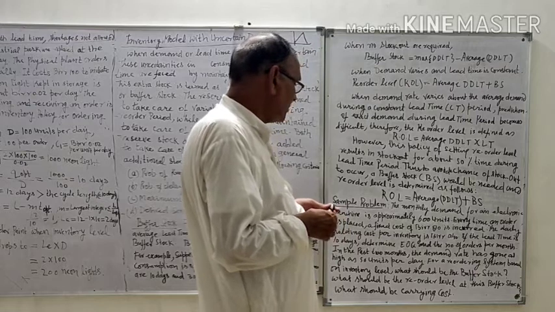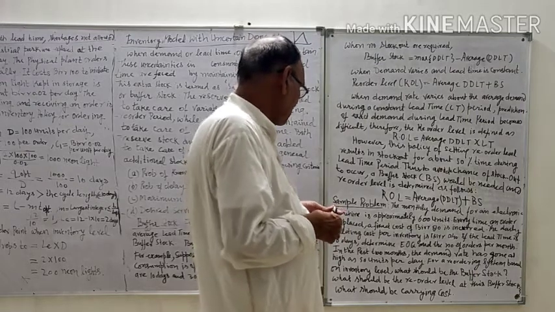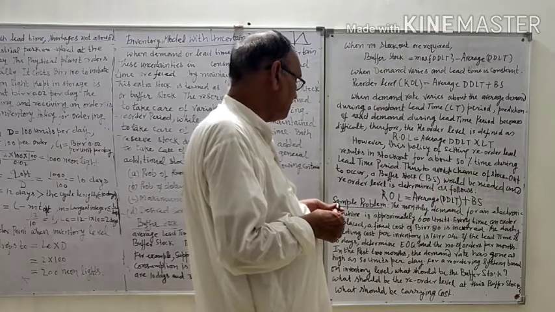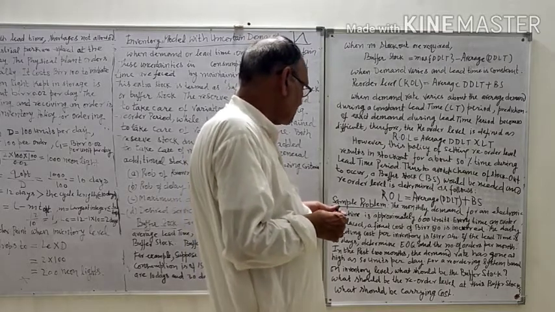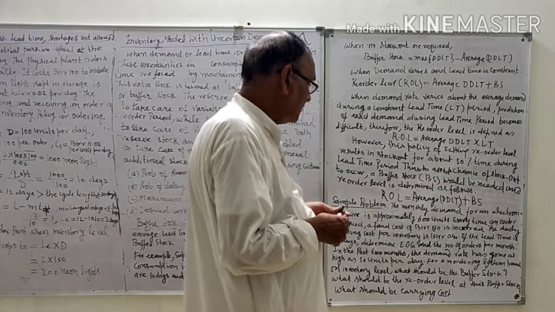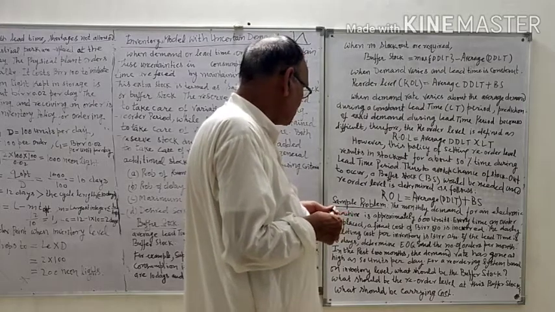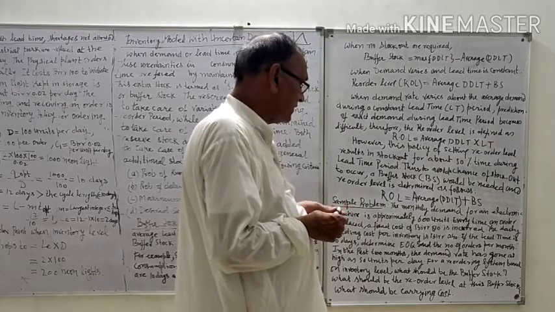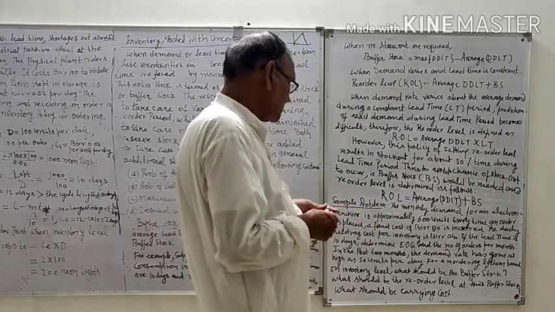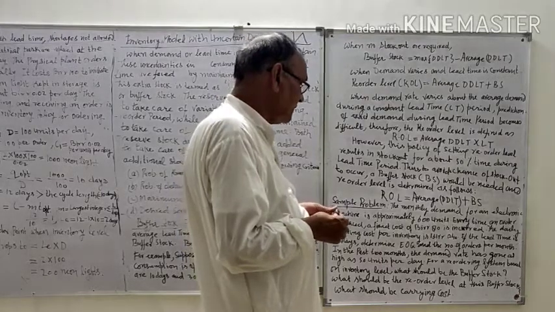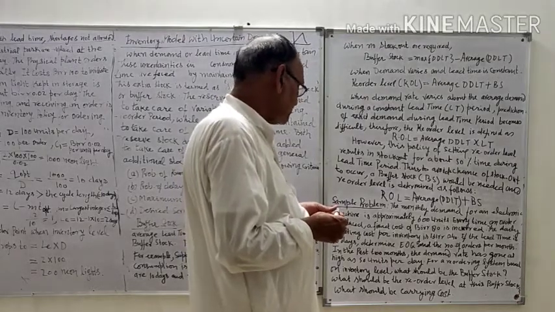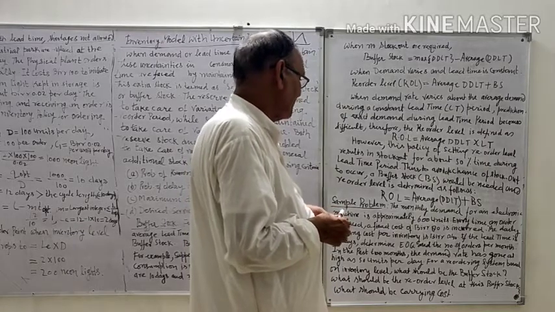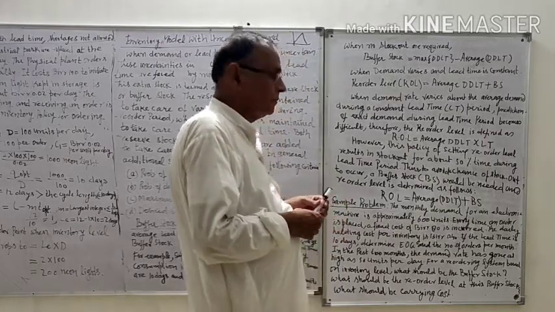In the past 2 months, the demand rate has gone as high as 50, the maximum demand rate, for a reordering system based on inventory level. What should be the buffer stock? What should be the reorder level at this buffer stock, and what should be the carrying cost? So we have to solve this problem.